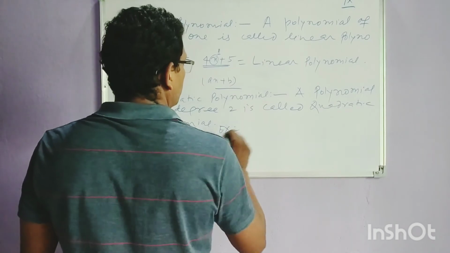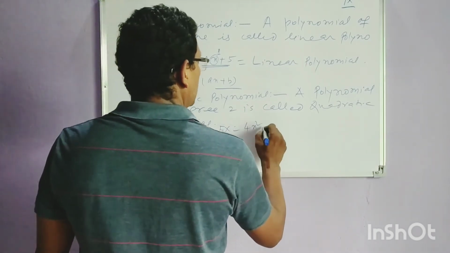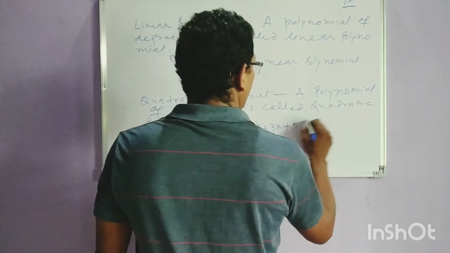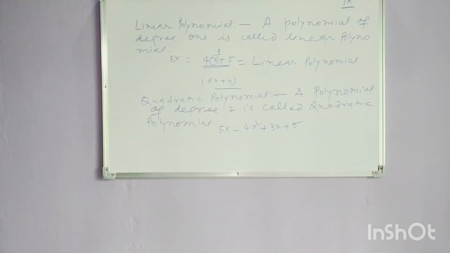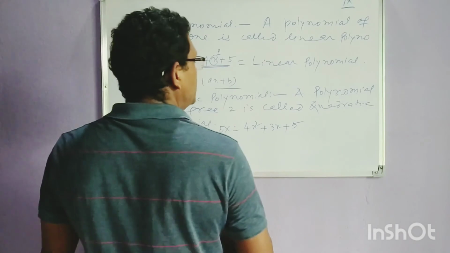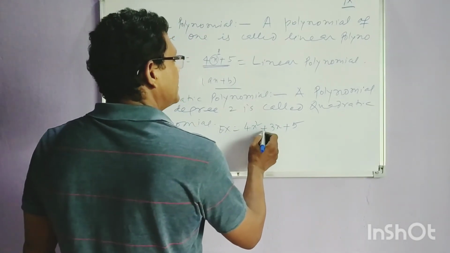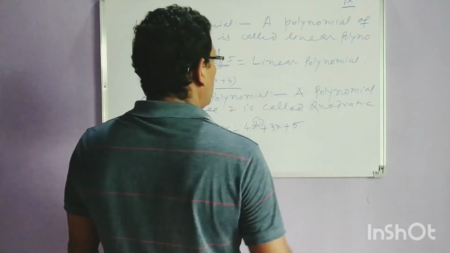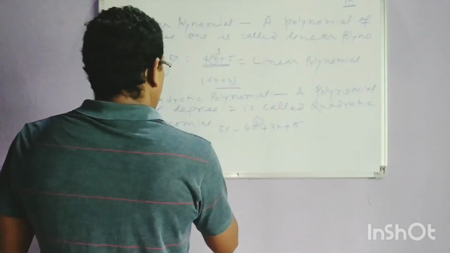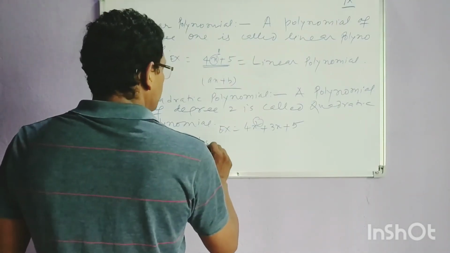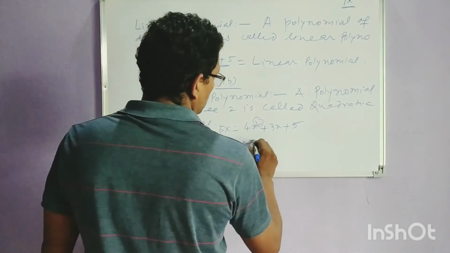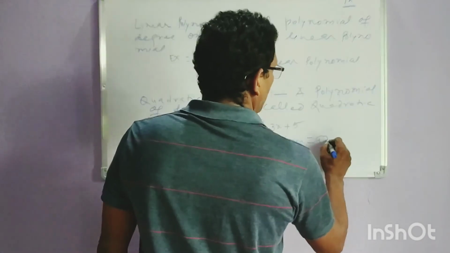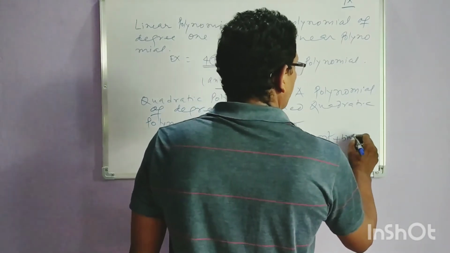Example, 4x square plus 3x plus 5. In this expression, we see the highest power of x is 2. So this is a quadratic polynomial. Its general form is ax square plus bx plus c.